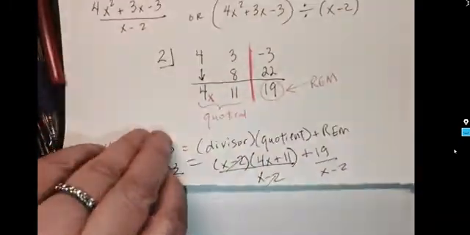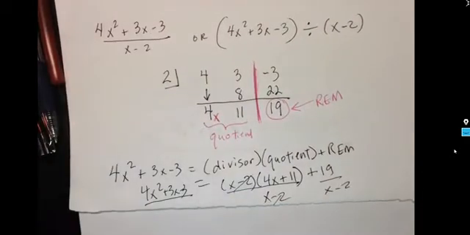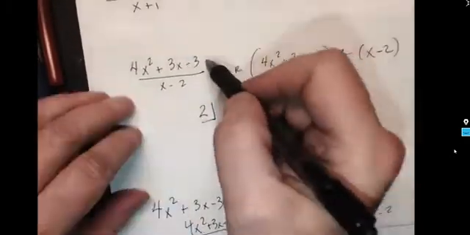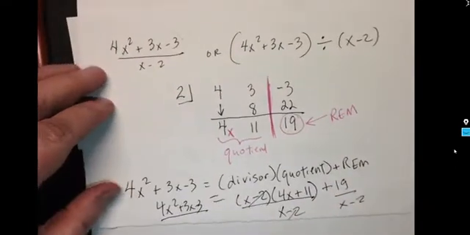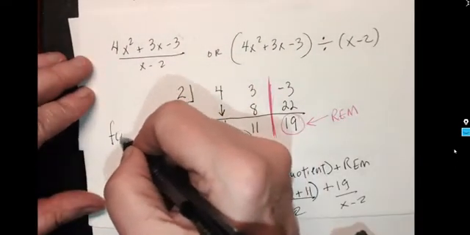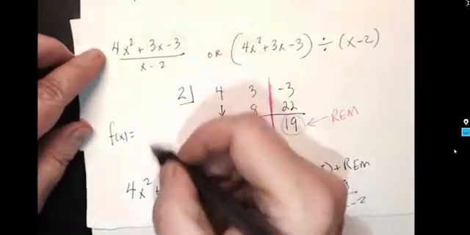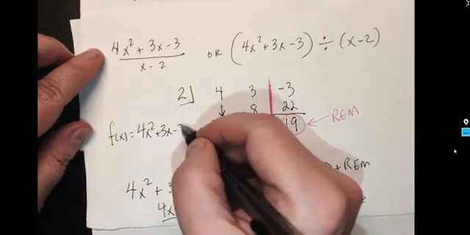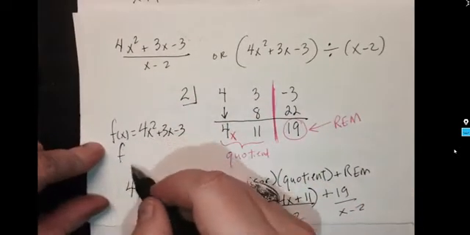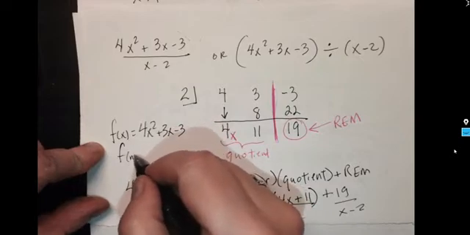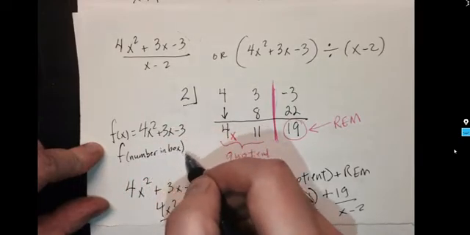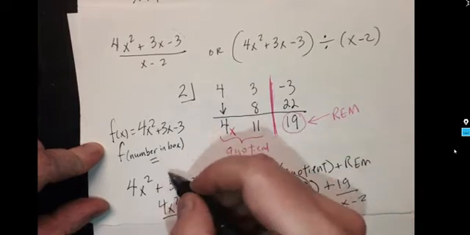Now, also a nice thing about synthetic division, suppose our dividend is a function. So suppose f of x is this function in the numerator. Then f evaluated at the number in the box is equal to the remainder.